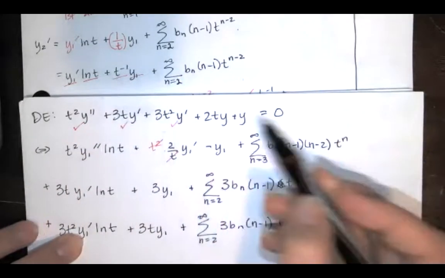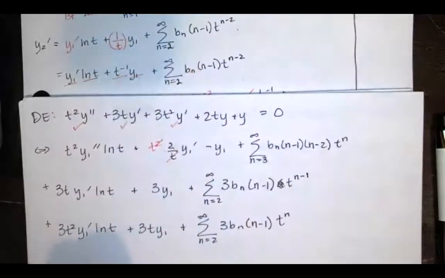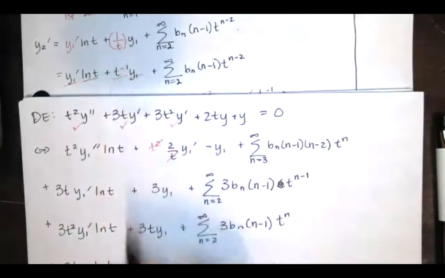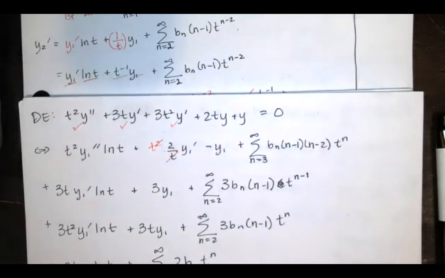Now we need a 2t times y and a y. So this is my y sub 2. I want 2 of those. Or 2t times that, excuse me. Put the 2 inside my series. If I multiply this by a t, I just end up with a t to the n.